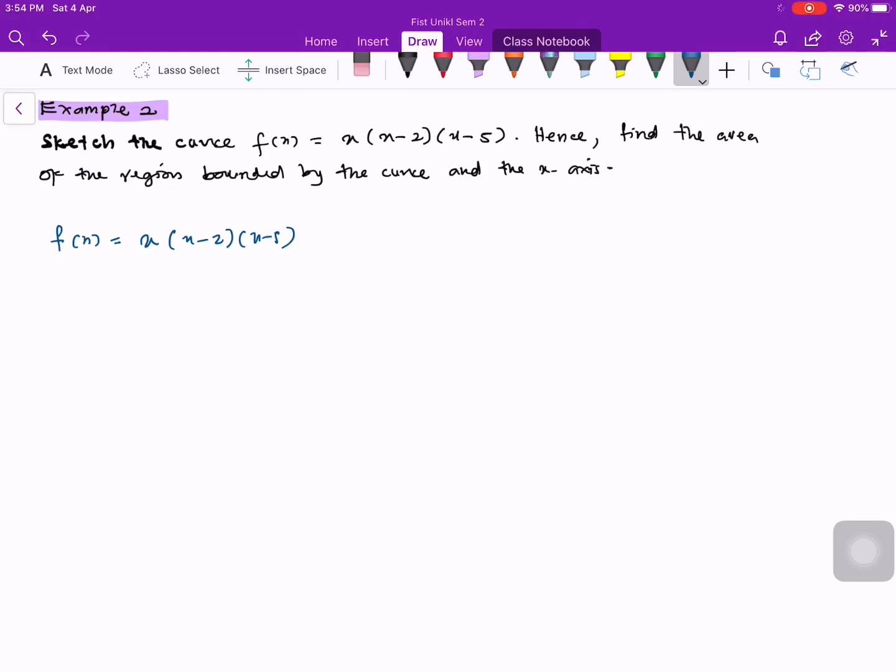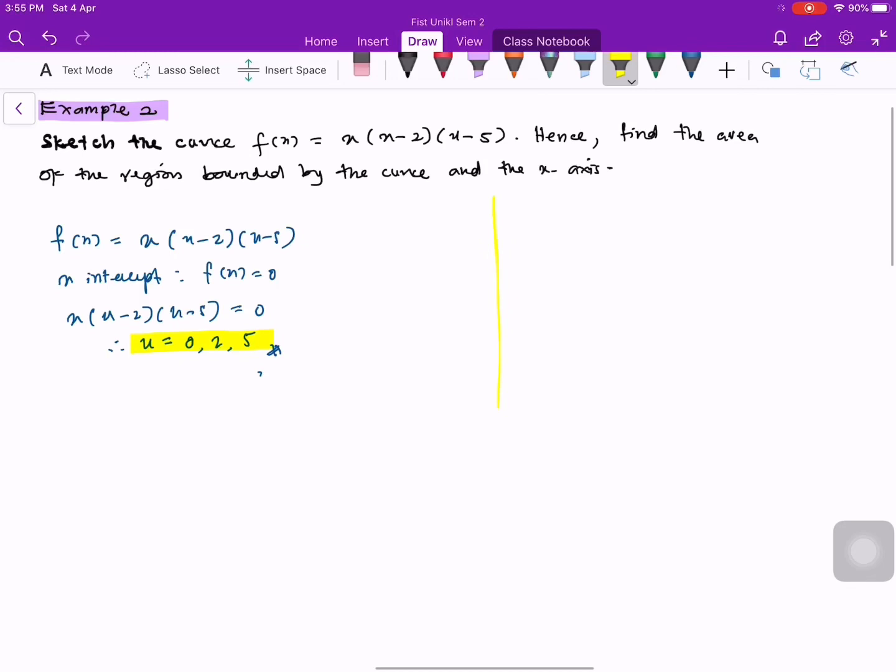is determine the x-intercepts of this curve, where we set f(x) equal to 0. We get x times (x minus 2) times (x minus 5) equals 0. Therefore, our x equals 0, 2, and 5. So these are our x-intercepts. From these x-intercepts, we can illustrate what the graph looks like.